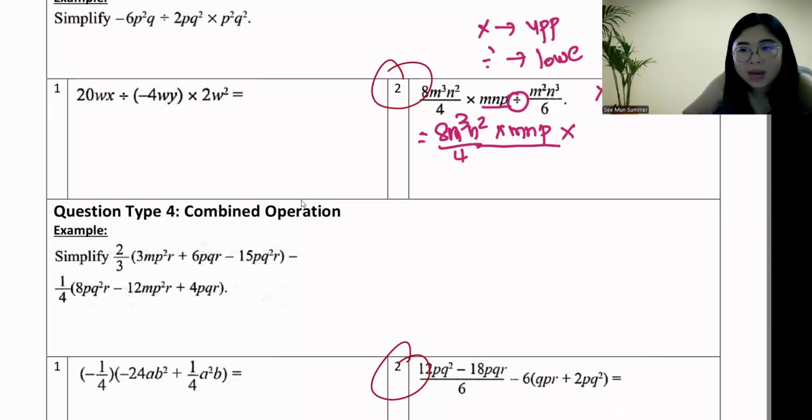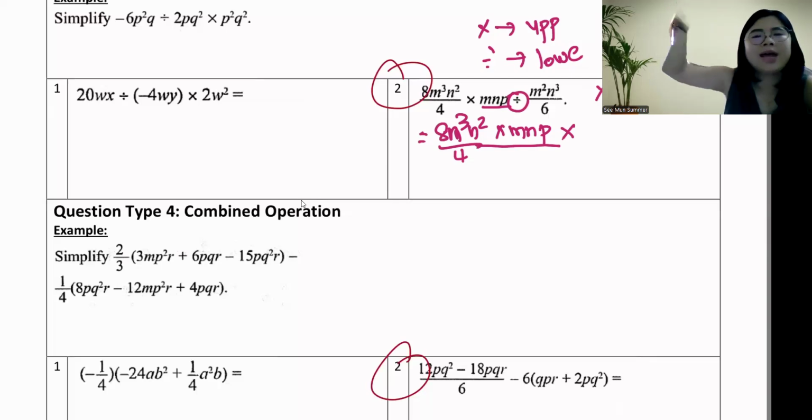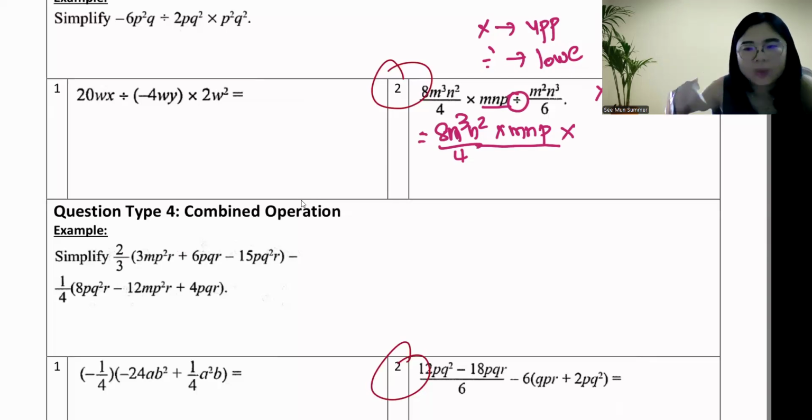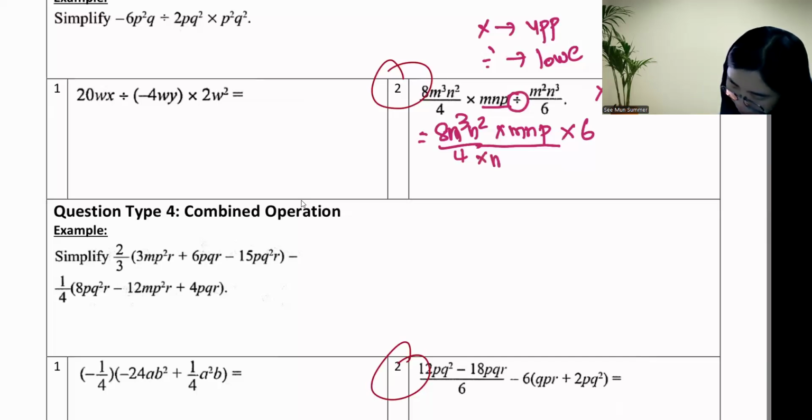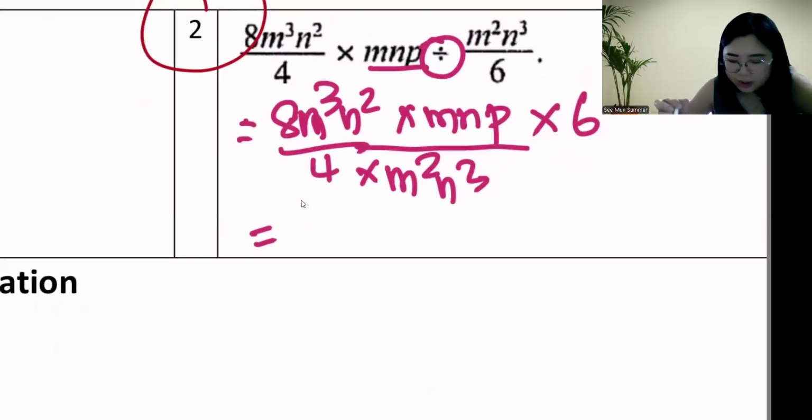Since again I want to properly arrange upper and lower, I don't want to make it so many terms. So I will put 6 together on top and then times m squared n squared. Okay, steady. And now, happy time, we can simplify, we can cancel off already. Okay, now what can we do? 4, 2, and 3, right?